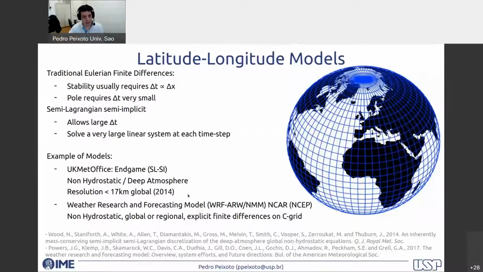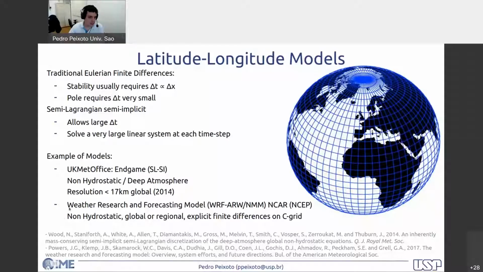But one of the issues that they are dealing with is that because of the large system that they have to solve, they are reaching scalability limitations on this model, right? And here they use semi-Lagrange and semi-implicit.